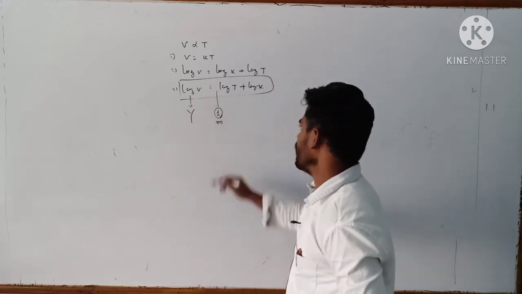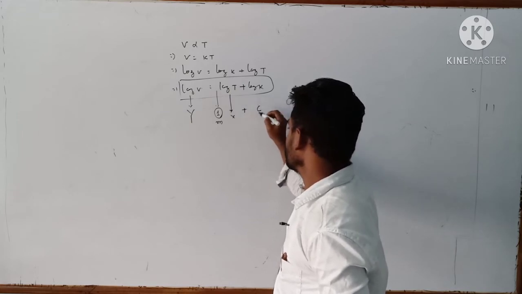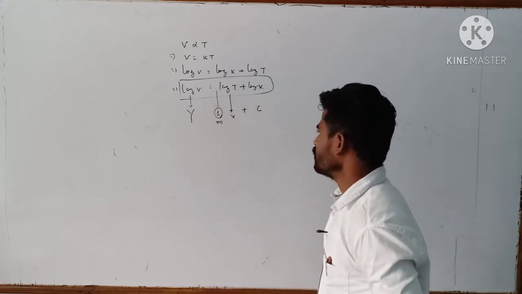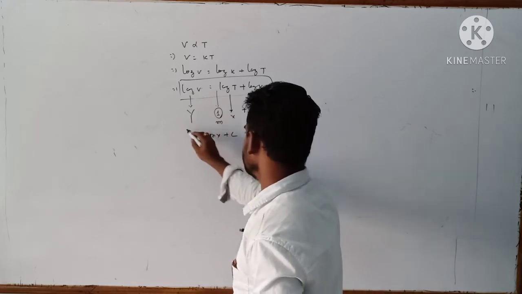And this log T will be X and this constant C will be log K. So it is in the form Y is equal to mx plus C.